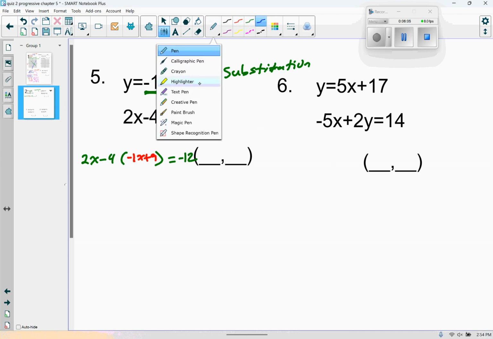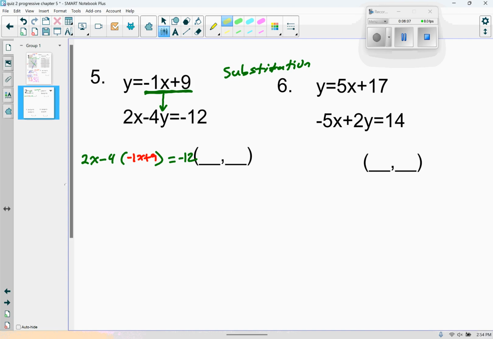Distribute. I'm going to highlight here because this is often where a mistake is made. I'm going to distribute the negative to both of these. That's important to know. So I'm going to get 2x plus negative 4 times negative 1 is positive 4x minus 36 equals negative 12.